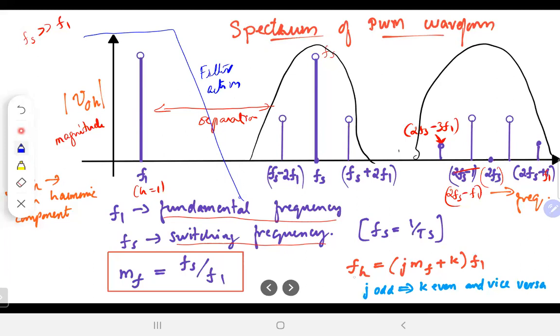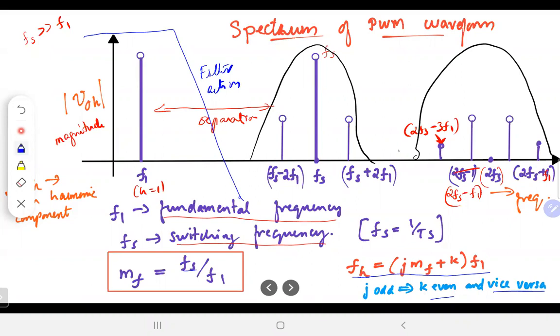Now the harmonic content occurs this way: fh would be (jmf plus k) times f1. We have chosen mf as the ratio of the switching frequency to the fundamental, and fh in general would be (jmf plus k) all times f1. It so happens that if j is odd, then k will be even, and vice versa.